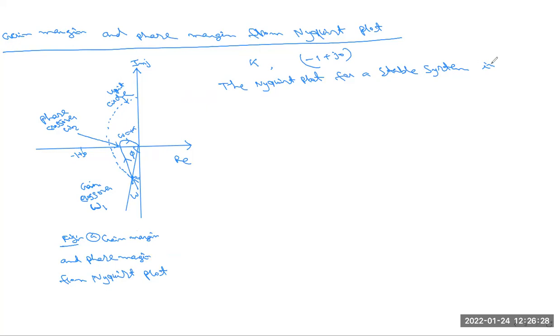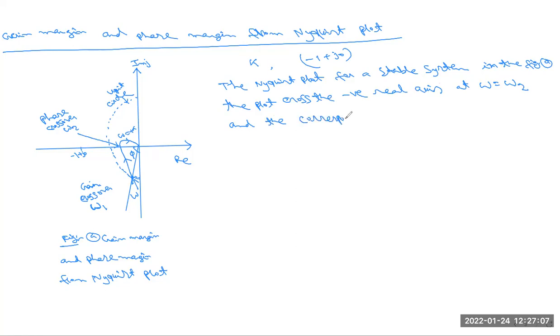So this Nyquist plot for a stable system in figure A, the plot crosses the negative real axis at omega equals omega 2, and the corresponding magnitude we have to write here: mod of G(j omega 2) H(j omega 2), the feedback also.